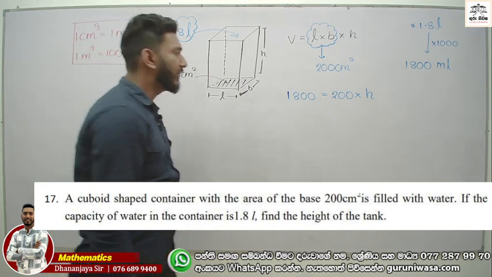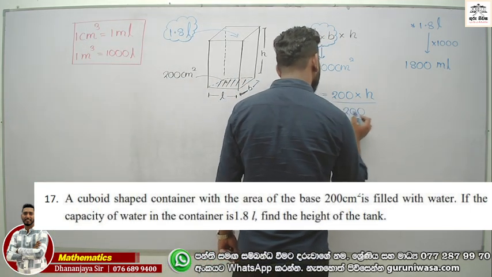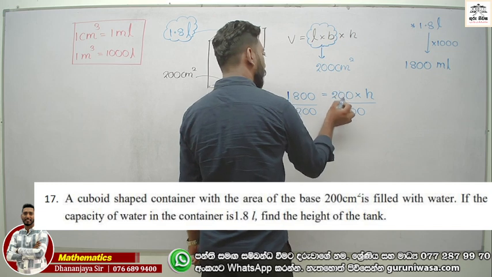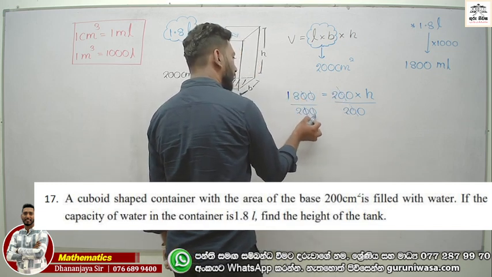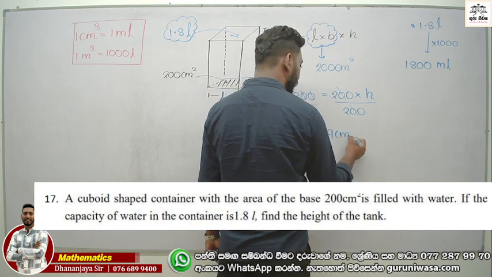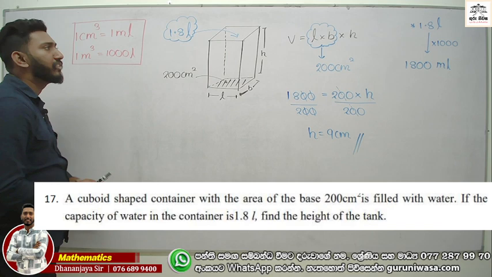Now you can find the answer for h. Divide both sides by 200. Now 200 and 200 eliminate, two zeros eliminated, 18 divided by 2, h becomes 9 centimeters. I got a nice answer: h equals 9 centimeters.